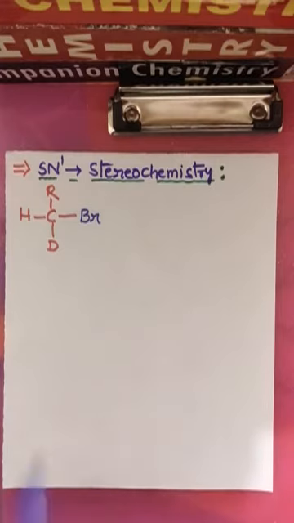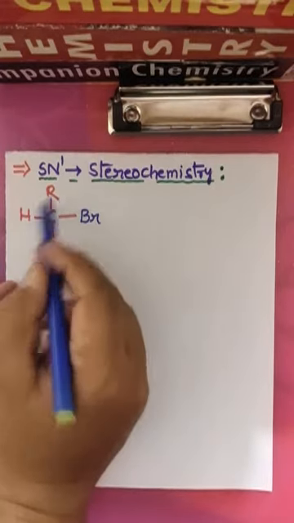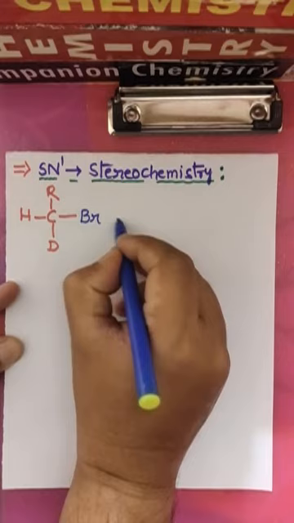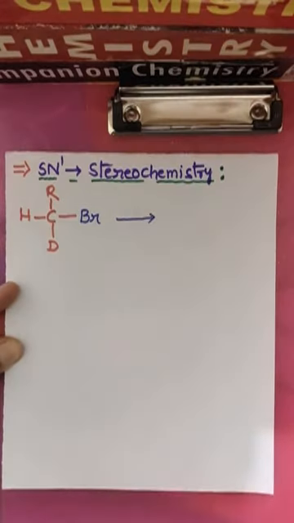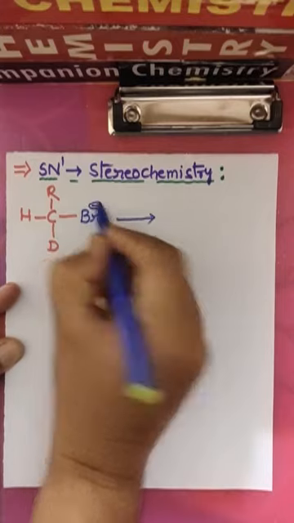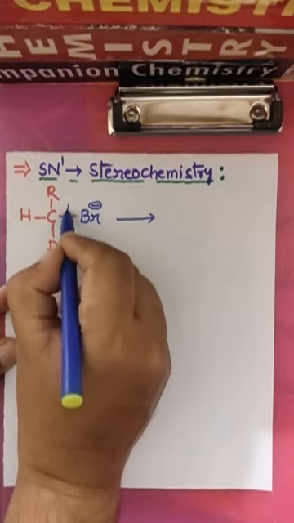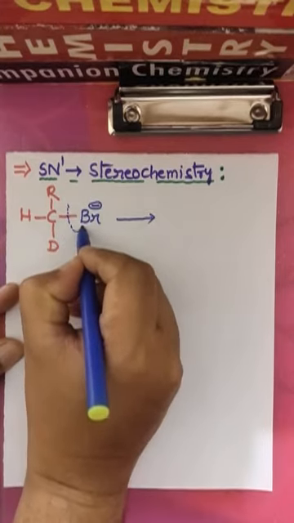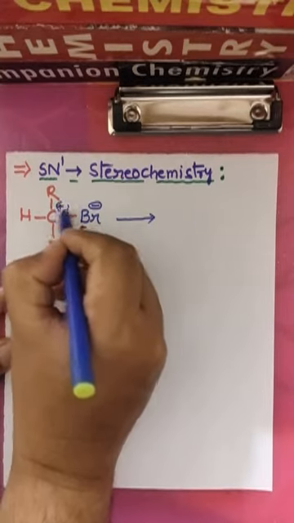And this is the compound. Now it is an optically active center. Four different groups are there, as we discussed previously, bromine is negative and its bond is going to break. Immediately here you are getting positive charge.